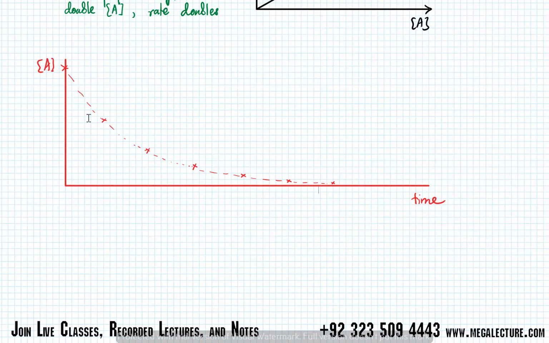That means directly proportional. So A's concentration goes down, the reaction slows down, so it takes a longer and longer time for the reaction to finish. So it's a curve that will probably never touch.